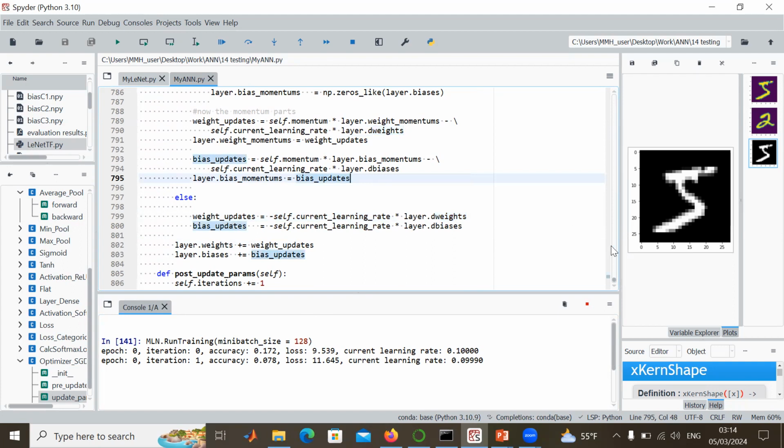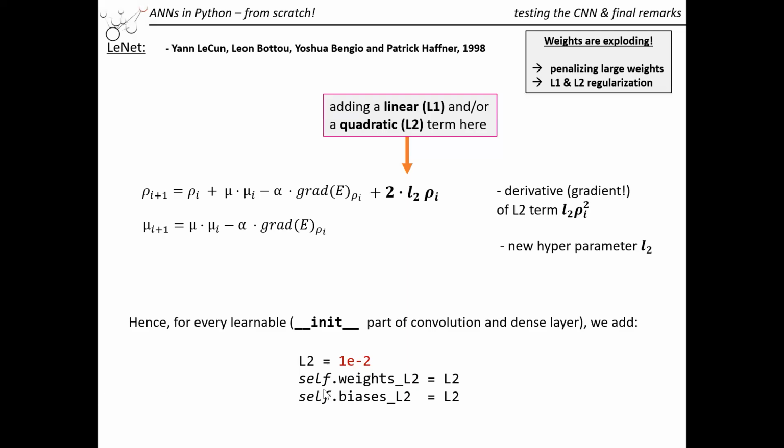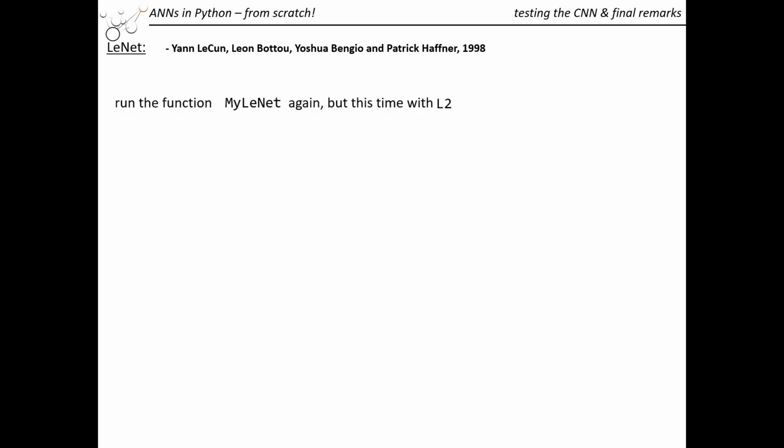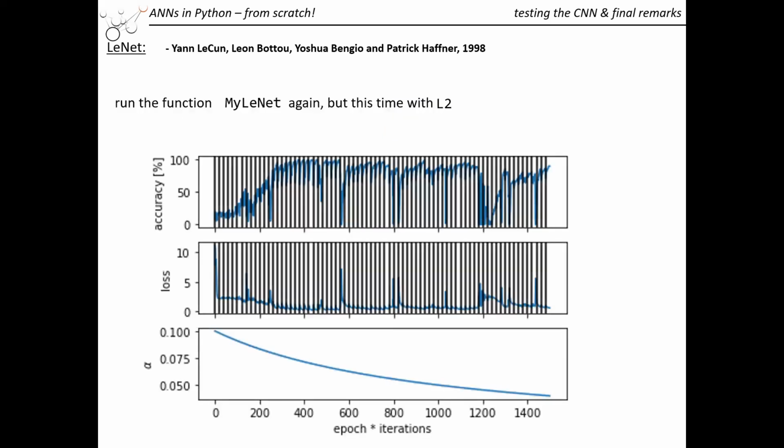So that will take this into account. And if you just do that, so if I go back to the PowerPoint, if you implement this and run it again, it will look better, but still not perfect.